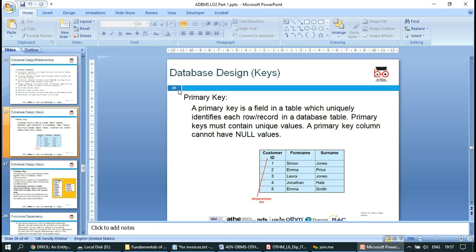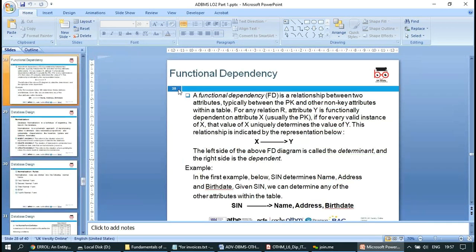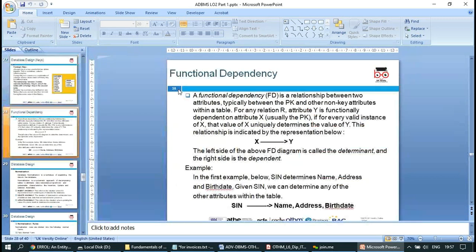Okay, good. So the keys and primary keys, and now the most important topic is the functional dependencies. The functional dependency topic is basically the grounding for the normalization. So what happens when you really need to normalize the tables?